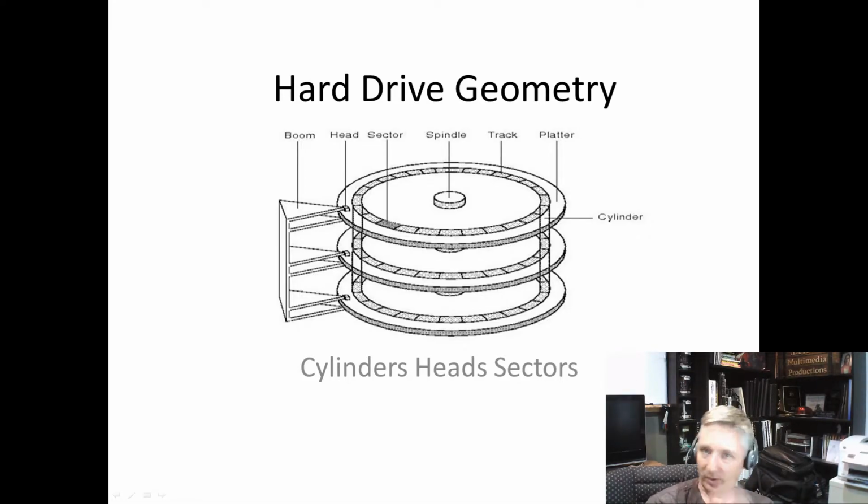And then the sectors, of course, are subdivided further into bytes. Usually 512 bytes per sector, although newer hard drives, larger than 2 terabytes, are often sectored into 4096 bytes per sector. I'm drawing a blank, but I think that's right.